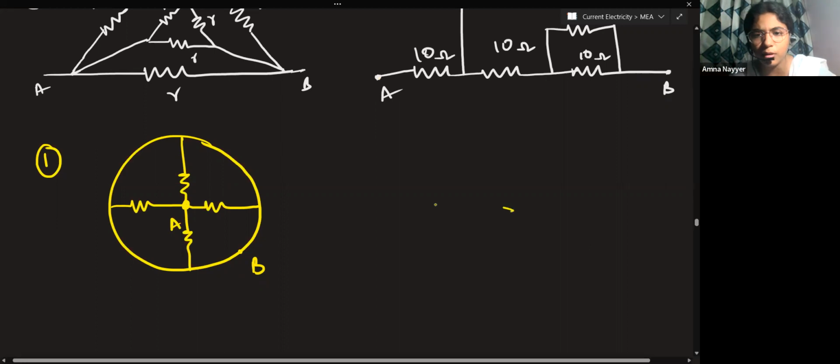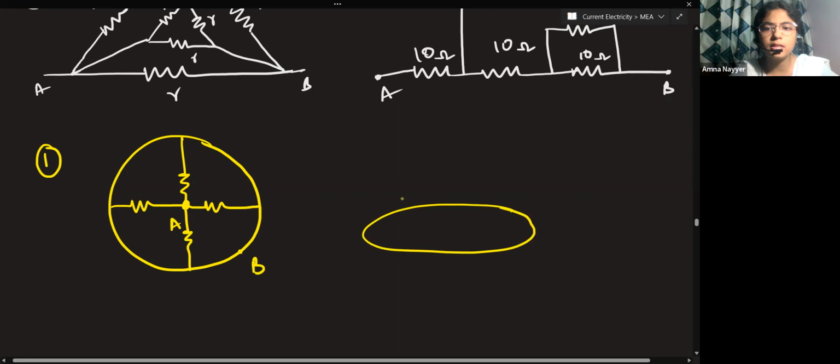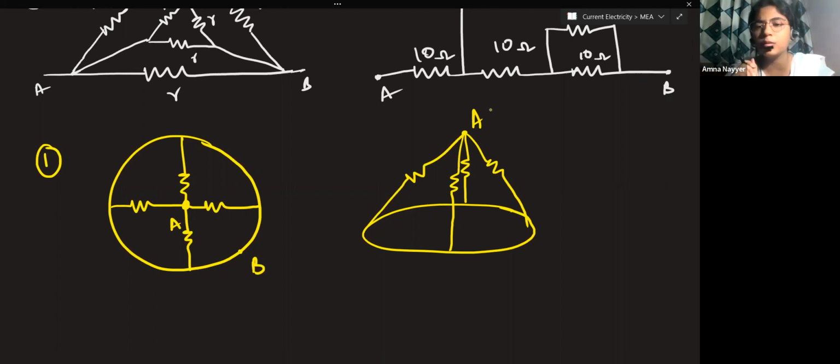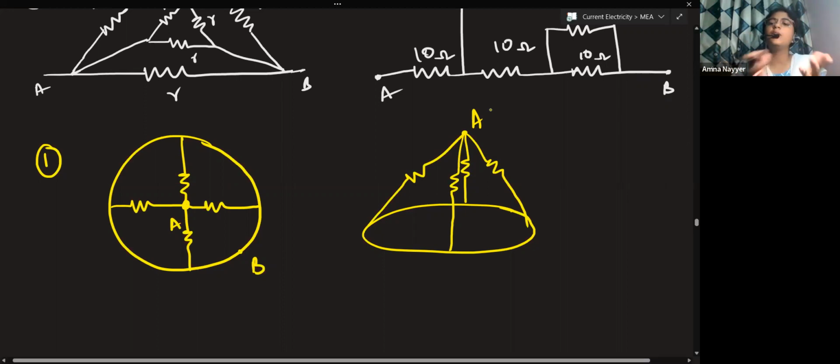I'll try to draw it. It will look in this manner. This will be the first one, this will be the second one, this will be the third one, and from here it will be the fourth one. See, are you able to see? You don't have to draw it this way in your exam, this is just to make it clear to you. If I pick it from point A and extend it, it will look like this.